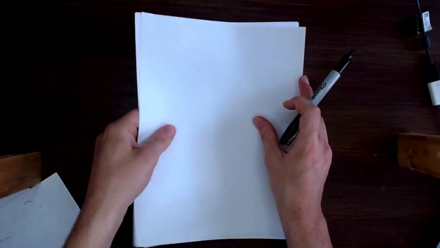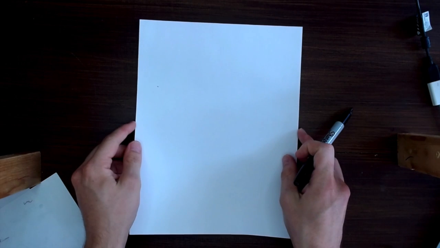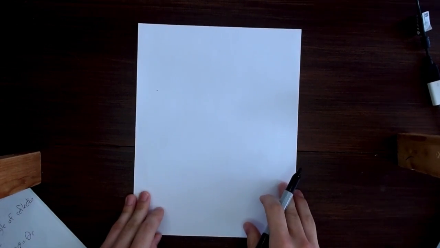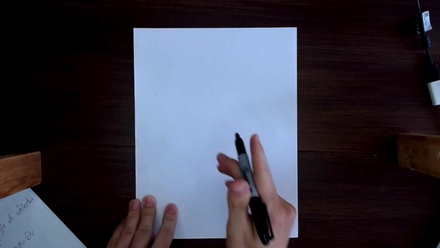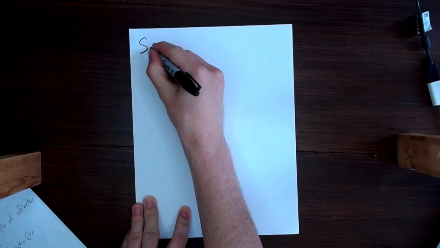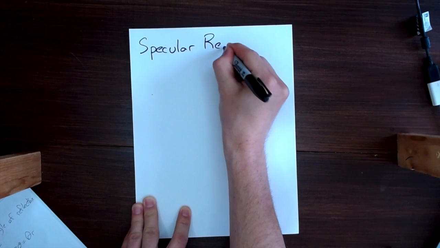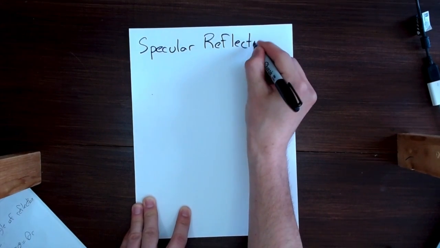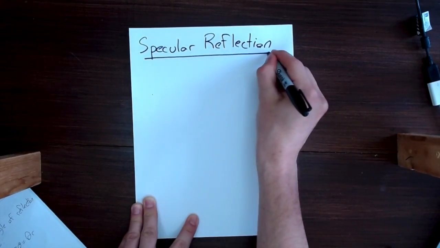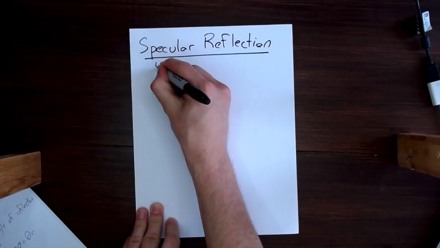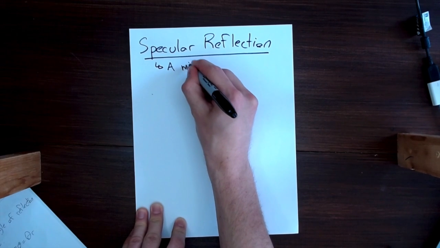All right, so now we're going to start to discuss the aim in a little more detail. There are two types of reflection we're going to talk about. The first one is what's called specular reflection. Now, when you think of specular reflection, I want you to think about a mirror.